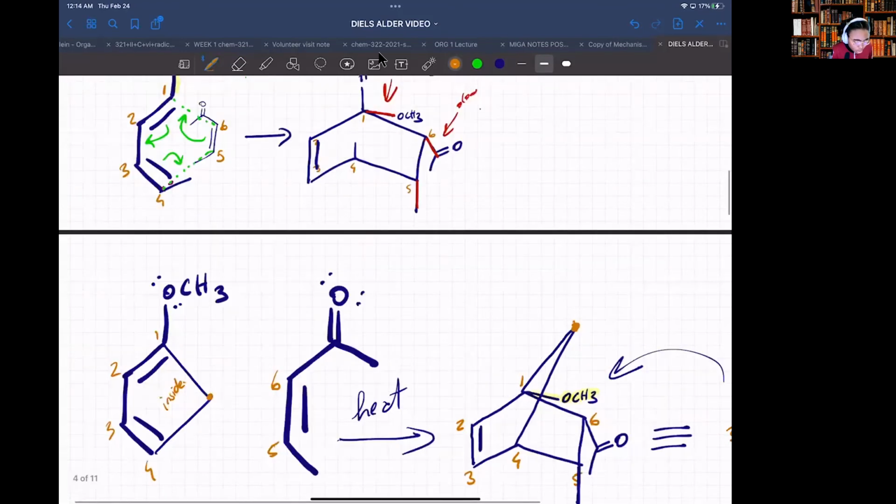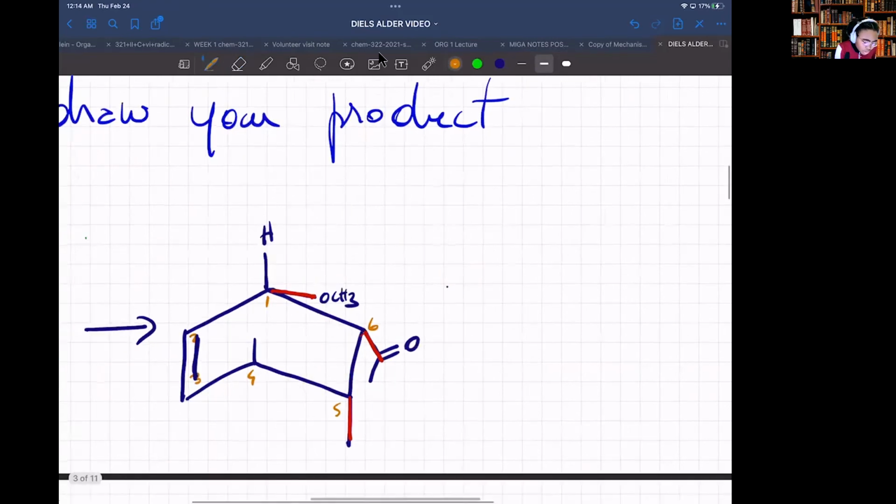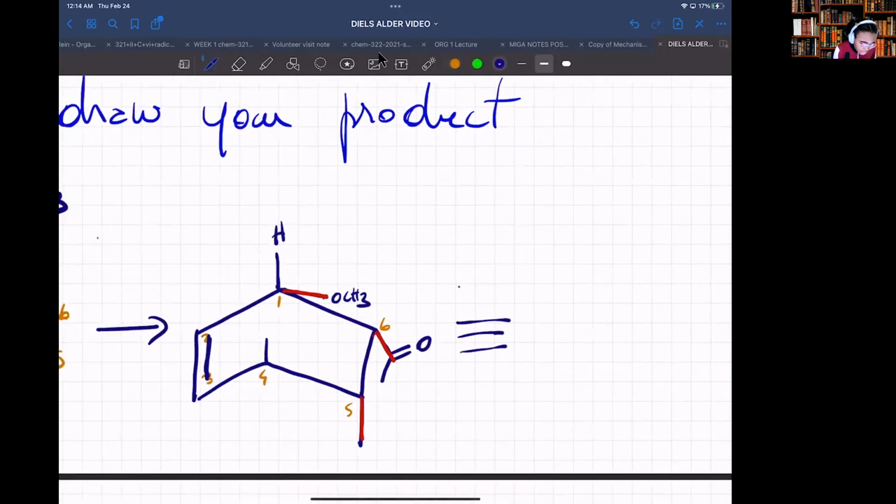Now, once you have this nice boat conformation, you can transition to the other classic way, right? First, I'm going to do my 6-member ring. Quickly, number 1, 2, 3, 4, 5, 6, making sure that 2 and 3 has a new bond, right?